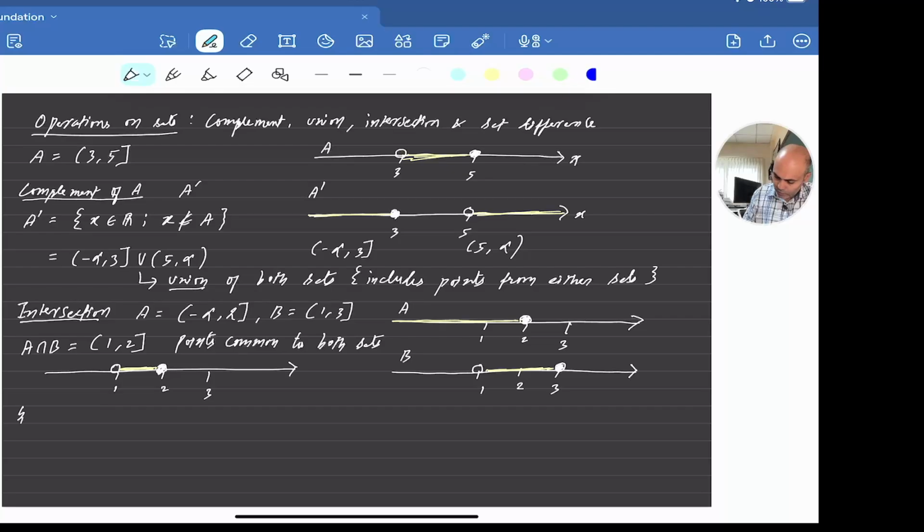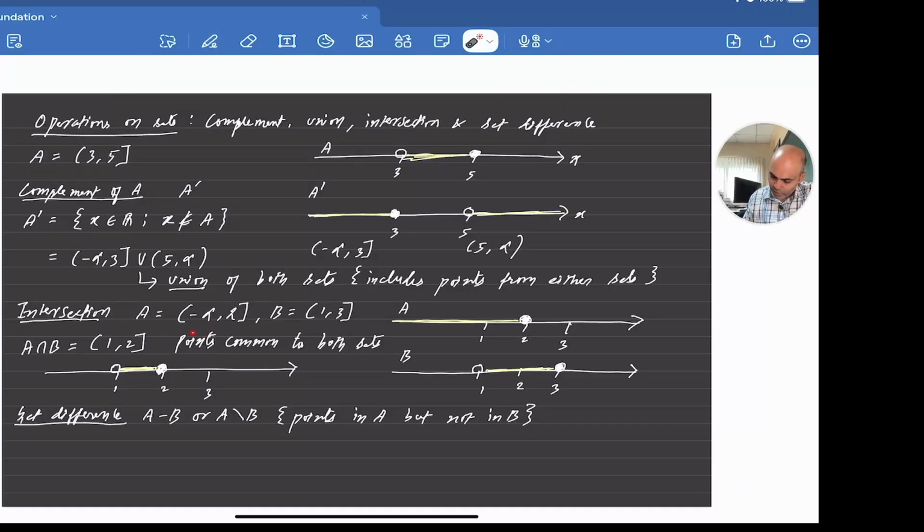Set difference, which we denote using a minus sign, A minus B, or sometimes A slash B. So this means points in A but not in B. So we will take the same example as before, A and B, as given in the previous case.